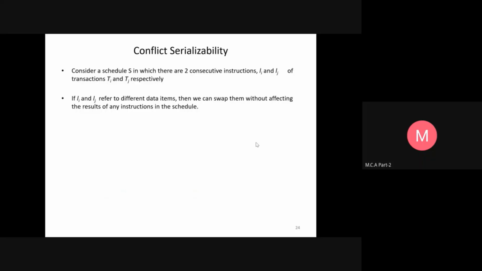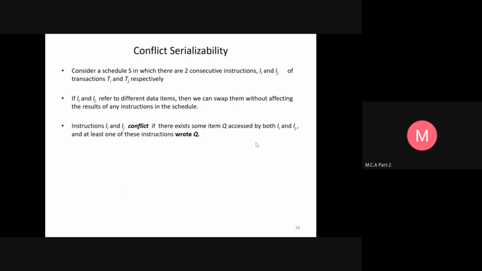If Ii and Ij refer to different data items, then the order of these is not really important, so we can swap them without affecting the results of any instructions in the schedule. However, if Ii and Ij refer to the same data item Q, then the order of the two steps is going to matter.